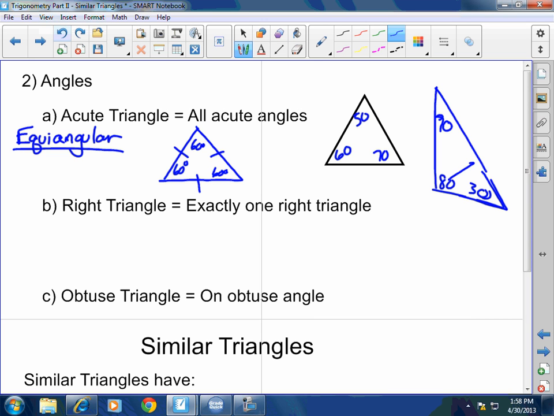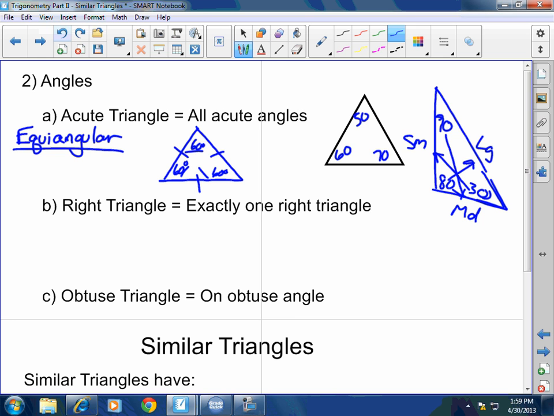That the side across the 80 is the largest, then the side across the second largest angle is the middle, and the side across the smallest angle is the smallest. If that is true, then if I have an equiangular triangle and they're all the same degrees, doesn't that mean that all the sides are equal as well? Okay, so that's why that works.